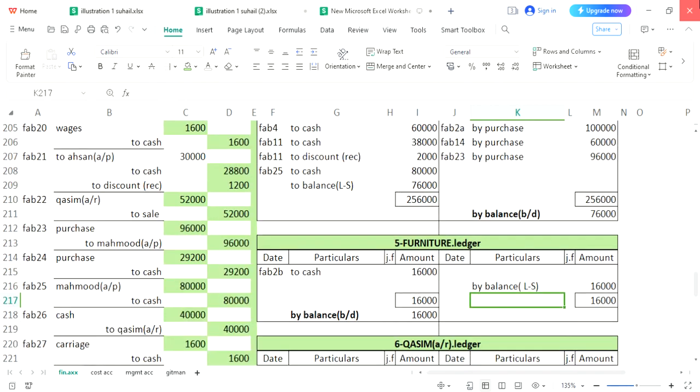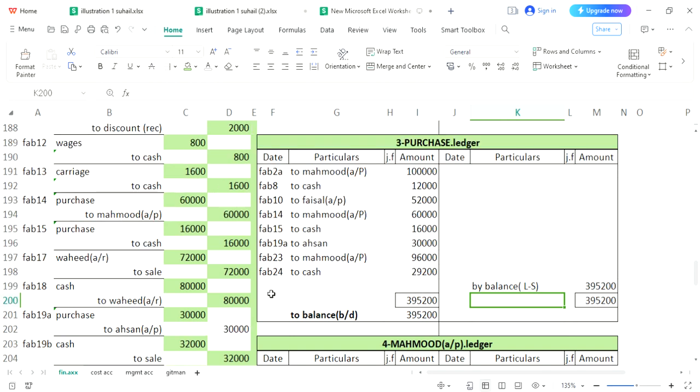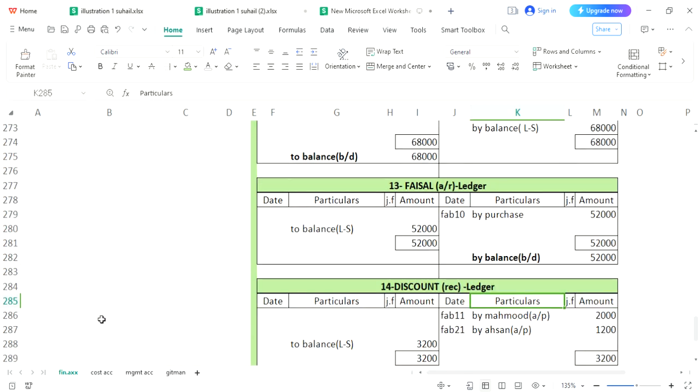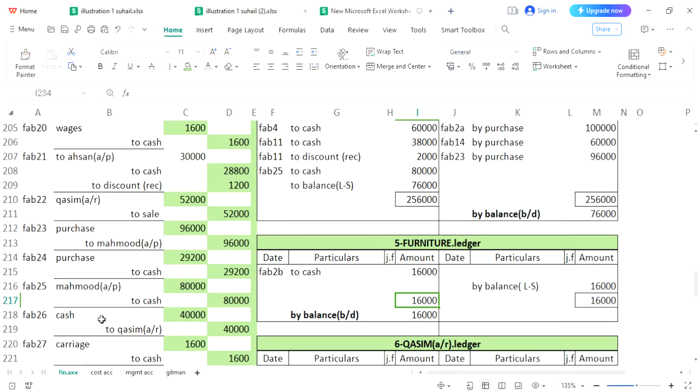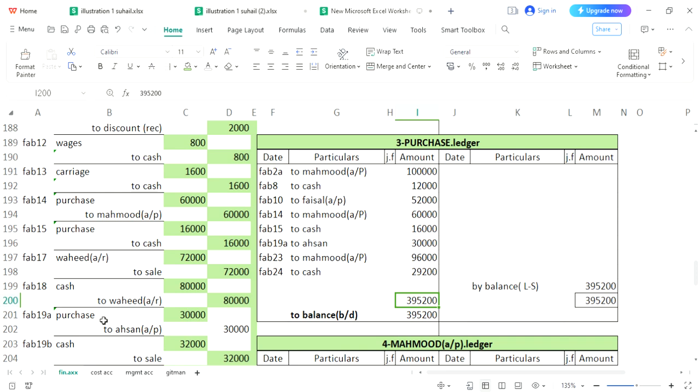Go back for 30,000. Here it has arrived, 30,000, and we'll have to see if yes, 30,000 is present upward. And what is written on the opposite side? Purchase. Write down purchase as the reference of 30,000. See what was the date of this 30,000. It was February 19.